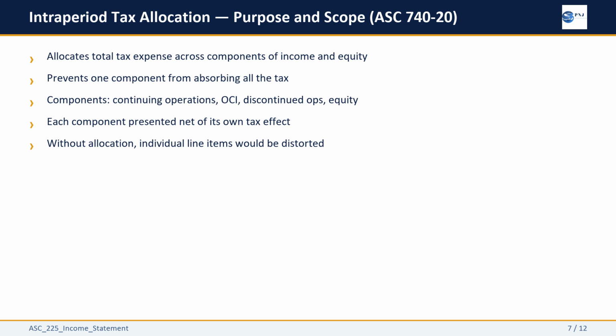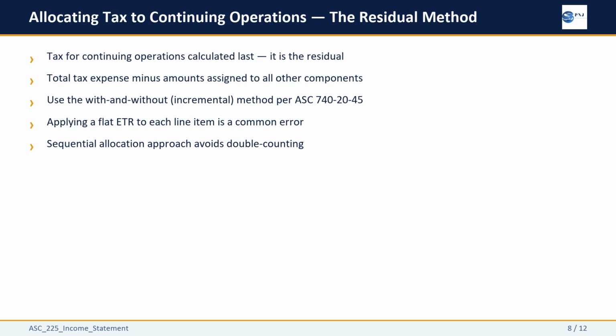ASC 740-20 prevents this distortion by requiring that tax expense be allocated among the components that gave rise to it: continuing operations, other comprehensive income, discontinued operations, and items charged directly to equity. Each component is then presented net of its own tax effect, giving readers a true after-tax picture of each piece of the business.